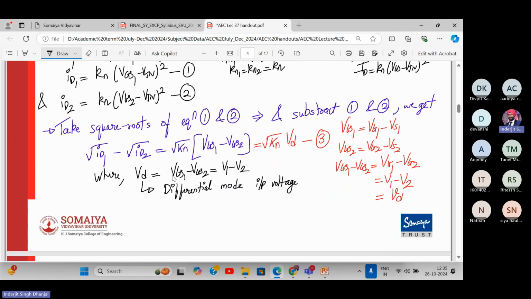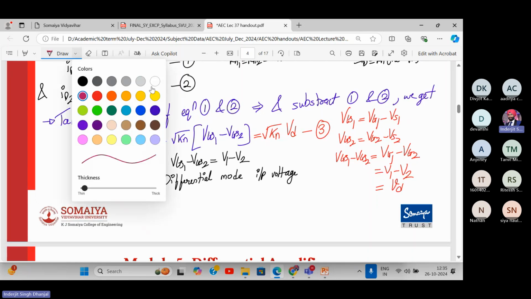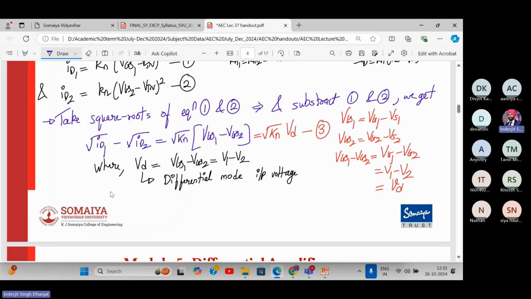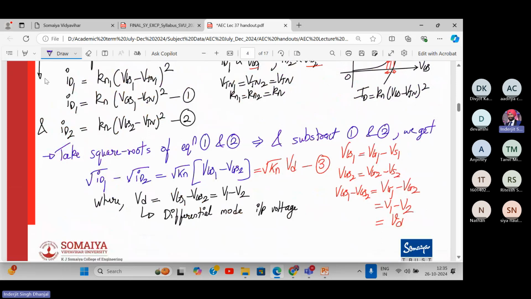Yes, no, what? Yes. Okay. So now if this differential mode voltage, let's go to the next step. Step number, I think 4 or 2. This is 3. This is 4.